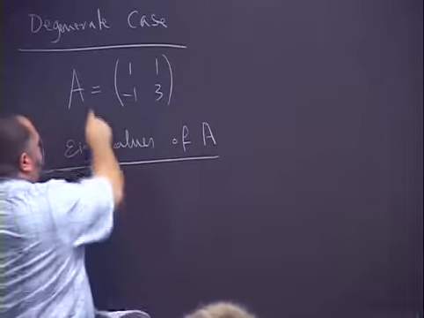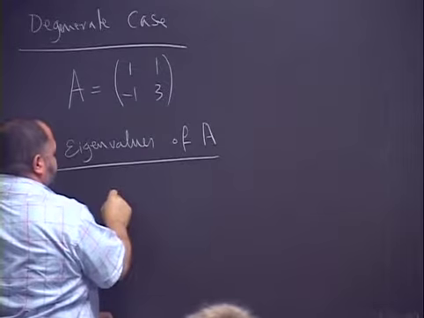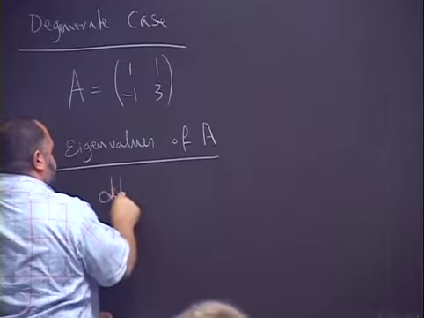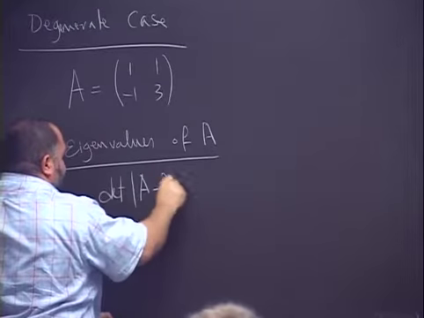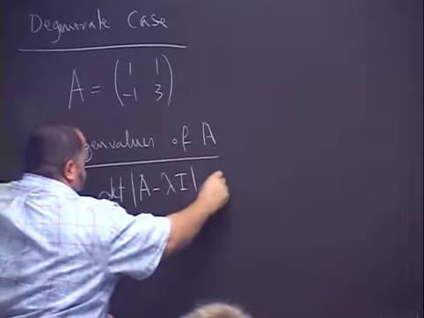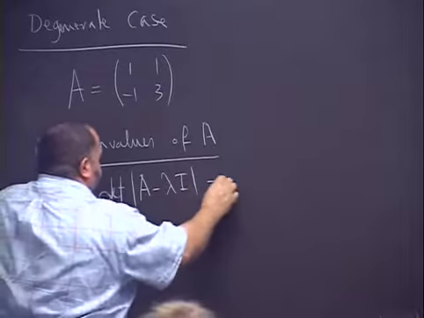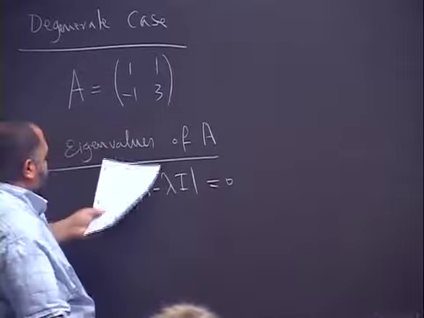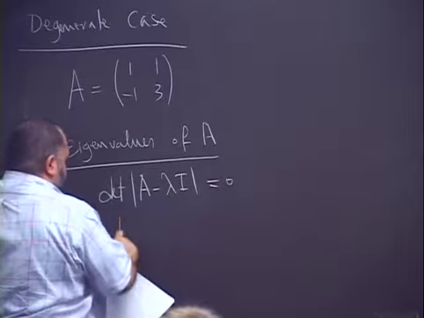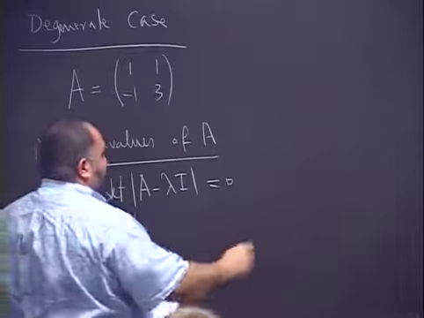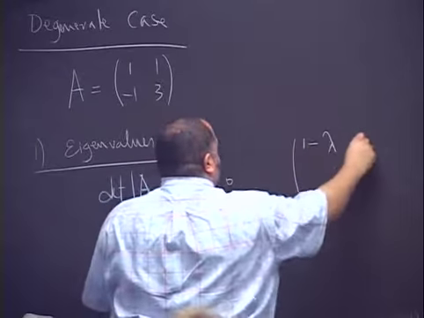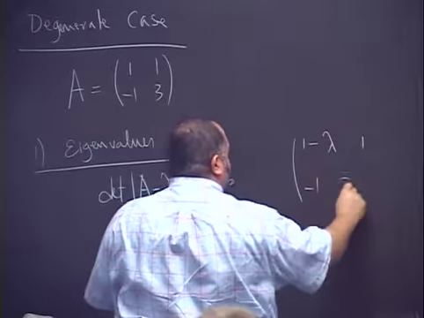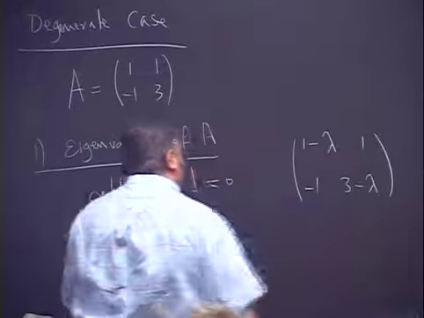How to figure out the eigenvalues is to solve the characteristic equation det(A - λI) = 0, and in this case you will be able to get the eigenvalues. So what is the characteristic equation? It will be the matrix with 1 - λ, 1, -1, and 3 - λ.